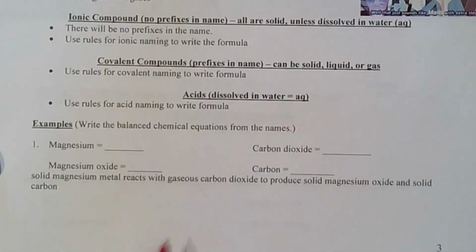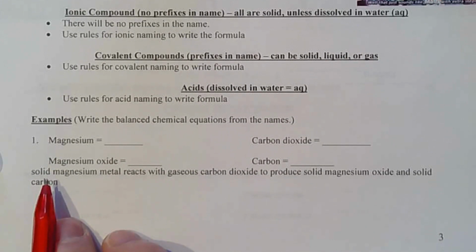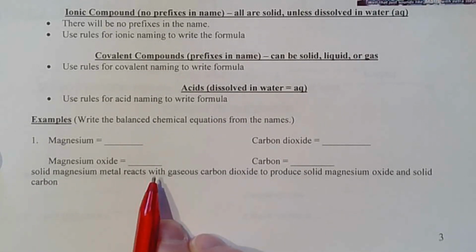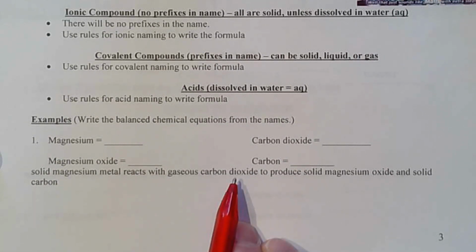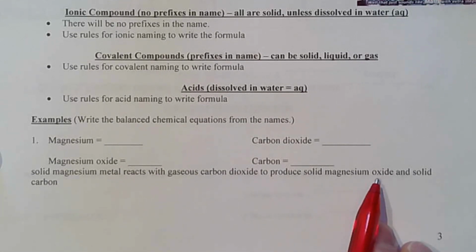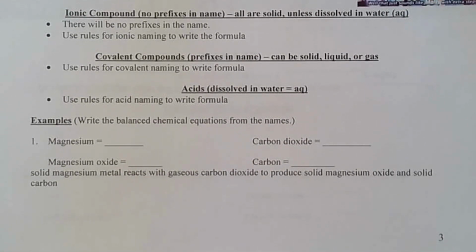So, the word equation we want to balance here is typed out down here. Solid magnesium metal reacts with gaseous carbon dioxide to produce solid magnesium oxide and solid carbon. So in this first example, we just want to look at all of the things that are going to be in our equation, and we're picking those out of a sentence.